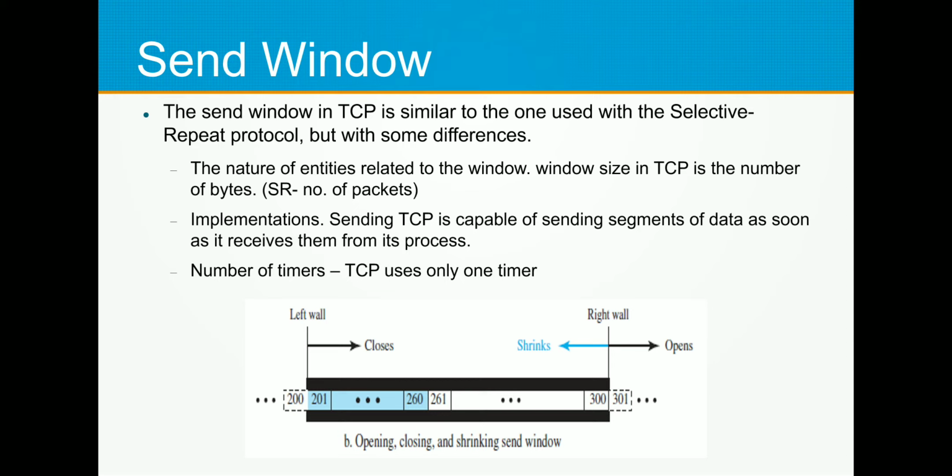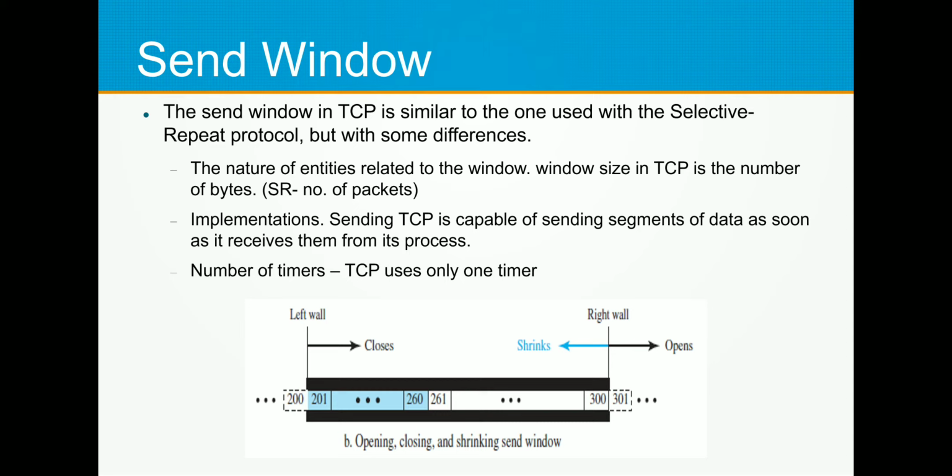And you can also see the left wall keeps closing. It can move only in the right direction. As it starts getting acknowledgement, the data need not be maintained in the buffer. So to remove it, we keep moving the left wall to the right direction. That is what we mean by closing the send window.